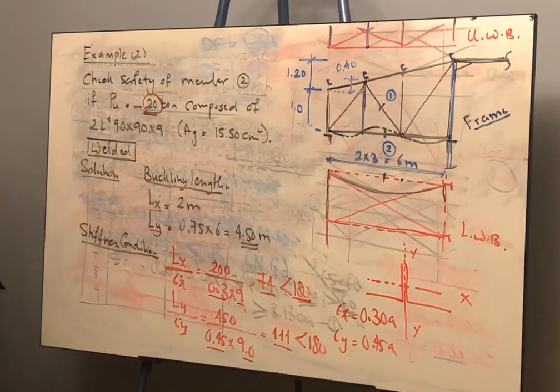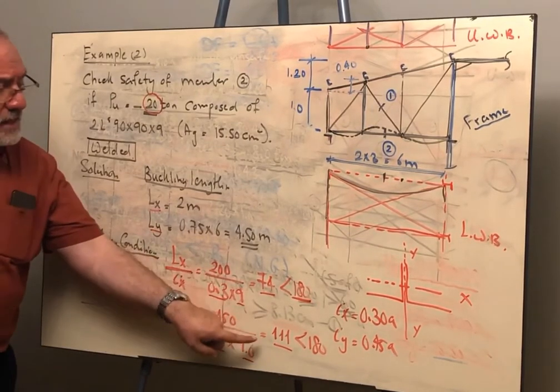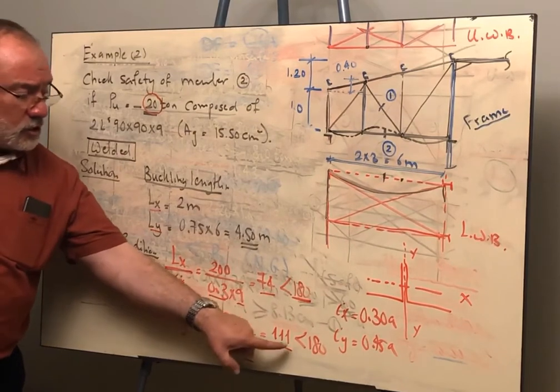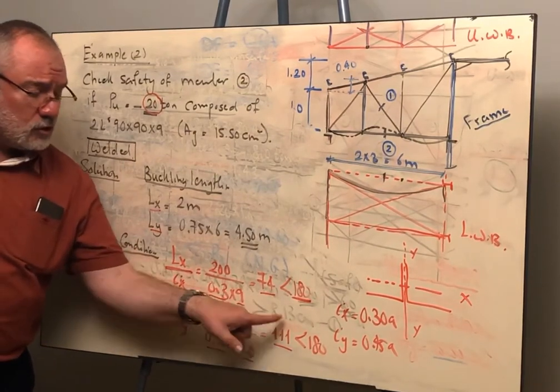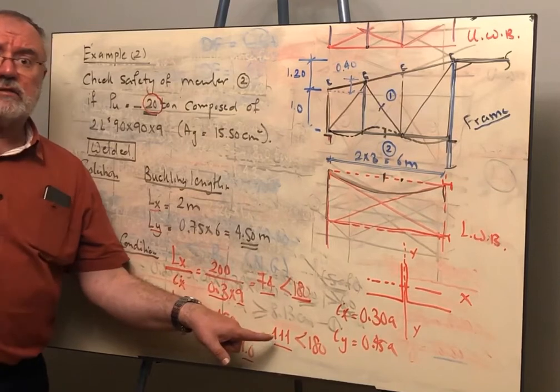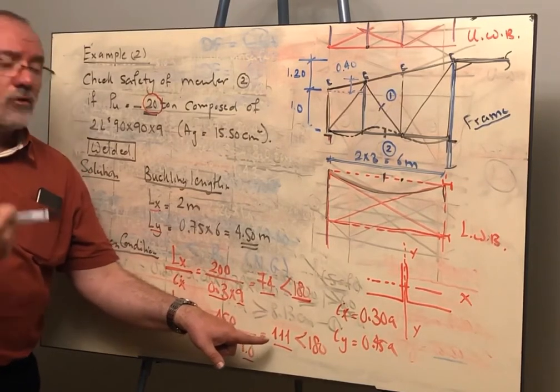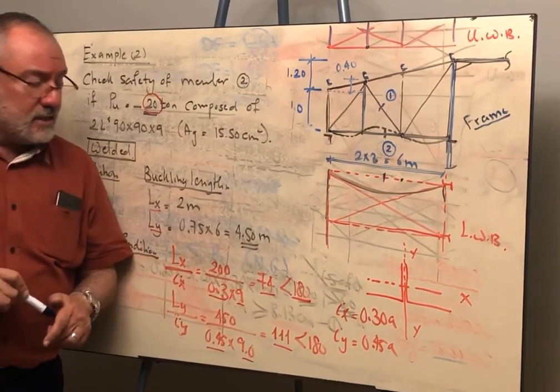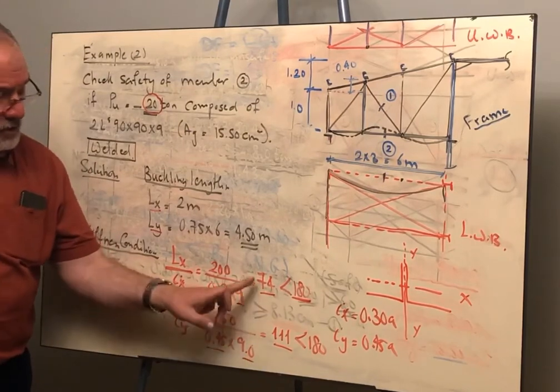Therefore, we have to calculate F critical. Which slenderness ratio are we going to use? The largest, because the largest will give us the least F critical. Always we are taking the largest L over i.